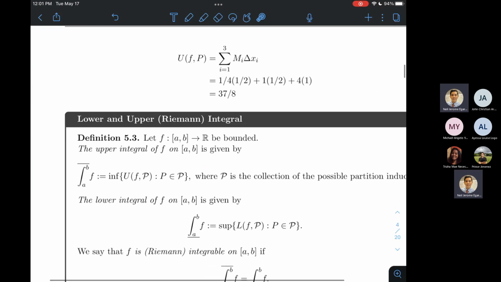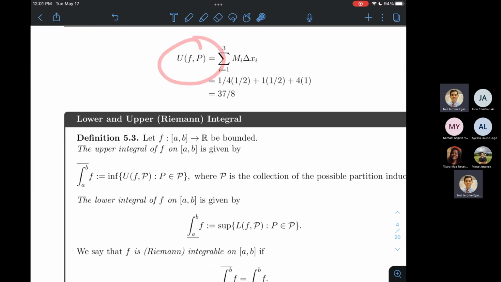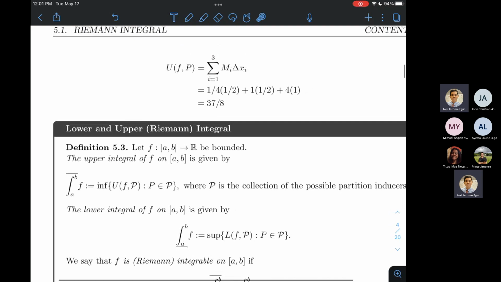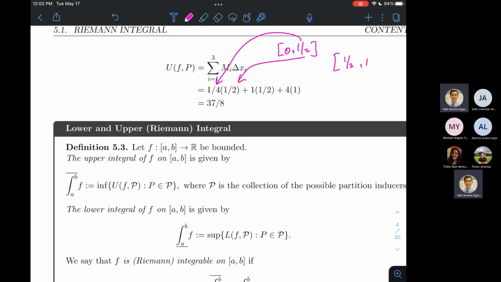On the other hand, if we want to compute the upper Riemann sum, titingnan naman natin yung highest possible value sa bawat subinterval. Our I1 is 0 to 1/2. Length is 1/2. Highest function value here will be given by the right endpoint. So 1/2 squared will get 1/4. Second subinterval is 1/2 to 1.